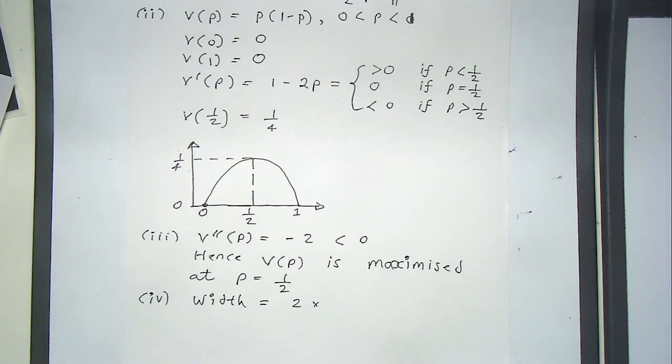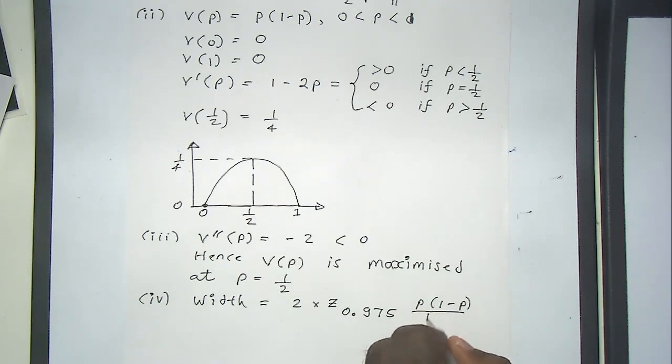Somebody tell me what alpha would be if 100 times 1 minus alpha is 95? 0.05, yeah. So z 1 minus alpha by 2 will be z 0.975, times the square root of p times 1 minus p divided by n, which is 1000, right?